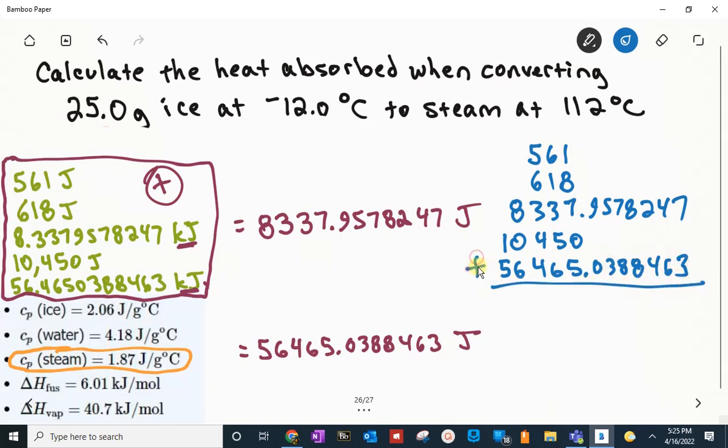And if we add all of these up, that's going to give us the amount of heat in joules that is absorbed when we go all the way from negative 12 degrees Celsius all the way up to 112 degrees Celsius.